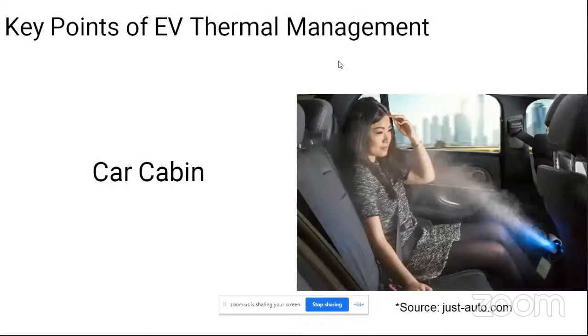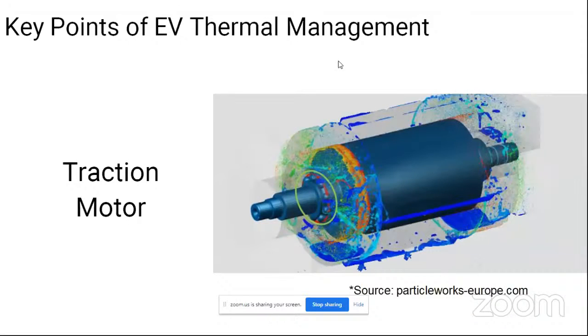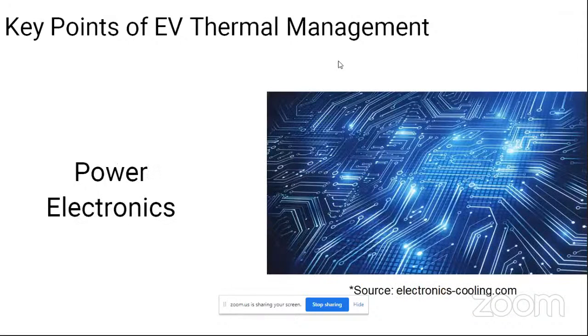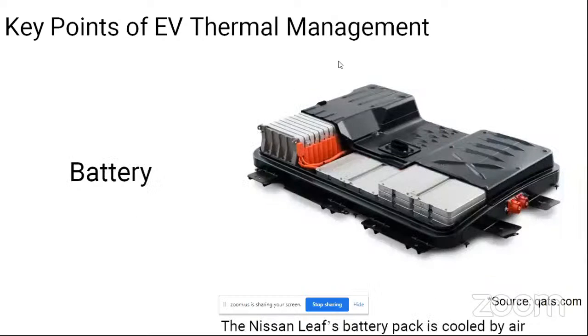First one is the car cabin. In an electric car, the thermal management of the car cabin is important. Second one is the traction motor. Third one is power electronics, whatever electronic devices like DC to DC converter, AC to DC converter, and the inverter for the motor. All those electronic devices should be thermally managed. And this is the battery pack. Among these four, we should take special care of the thermal management of the battery.